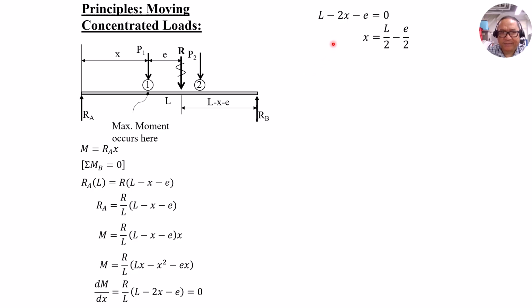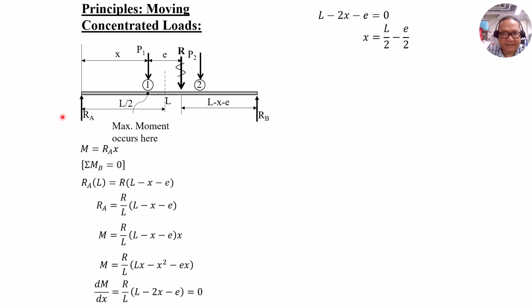If you're going to interpret this result, that means that for maximum moment to occur under point load 1, the resultant and this load should be positioned equidistant from the center line of the beam. So that means the line exactly in between P1 and R is the center line as shown here.